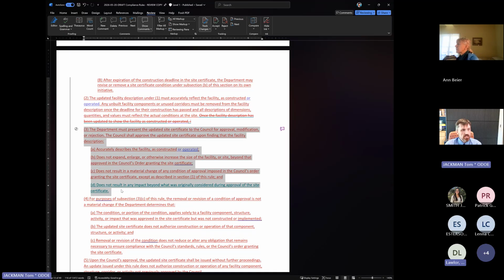My understanding is that if the construction deadline hasn't passed and you update the site certificate, then you would lose the ability to build more if you wanted that option, so you shouldn't update the site certificate. Okay, so that's what the question is.